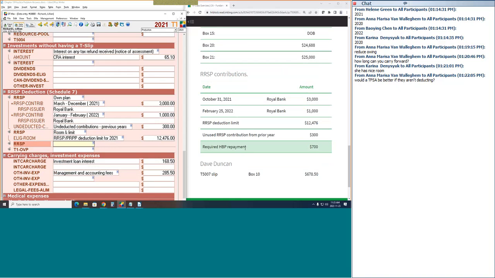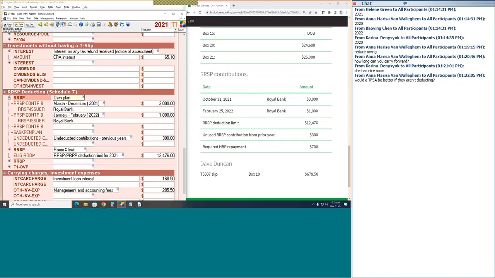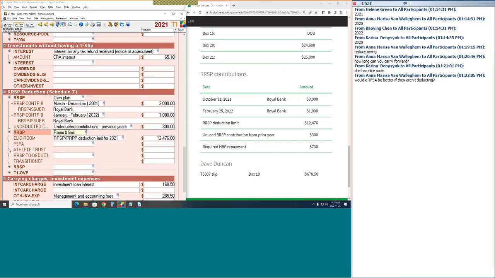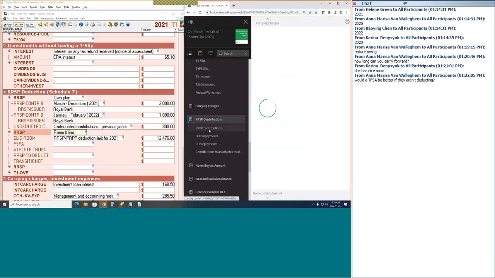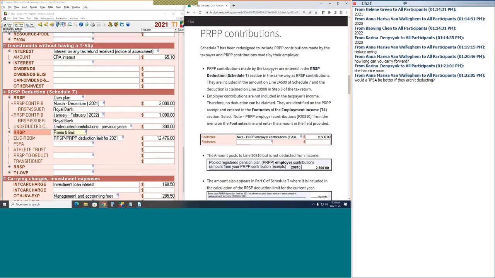And I think there was one more thing that I wanted to show you, which is PRPP contributions. Before I do home buyer plan, I want to show you one more thing in here, which I will do in the textbook, because I think the textbook is really helpful on this.